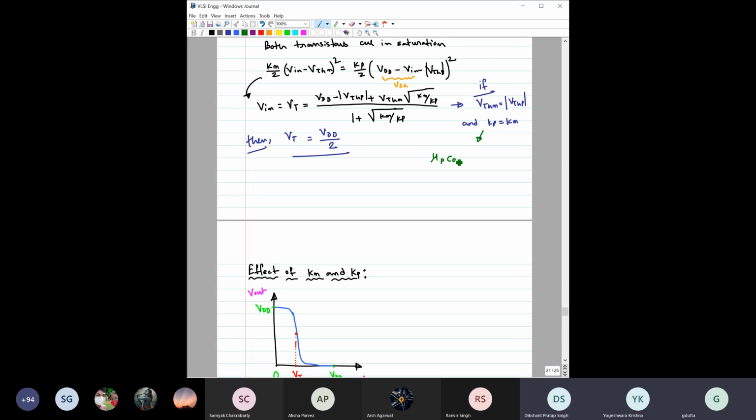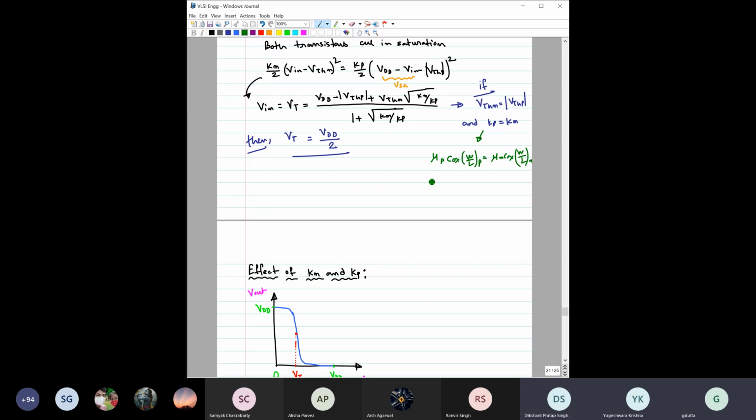Kp is mu P Cox W by L for this PMOS. Kn is mu N Cox W by L of NMOS, isn't it? Now you see this Cox, as I told you, whether you are making NMOS or PMOS, if they are on the same technology node, then the oxide thickness is going to be the same.